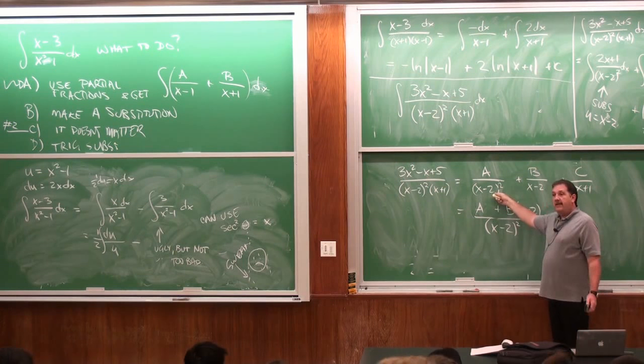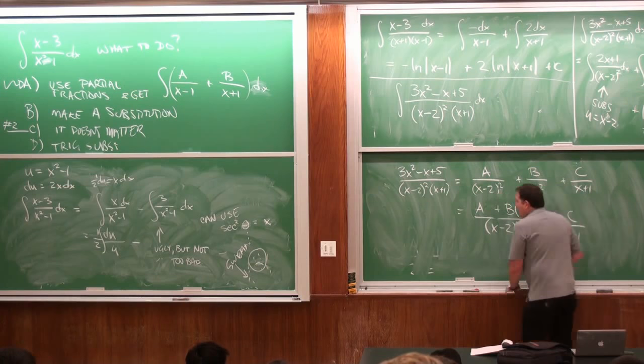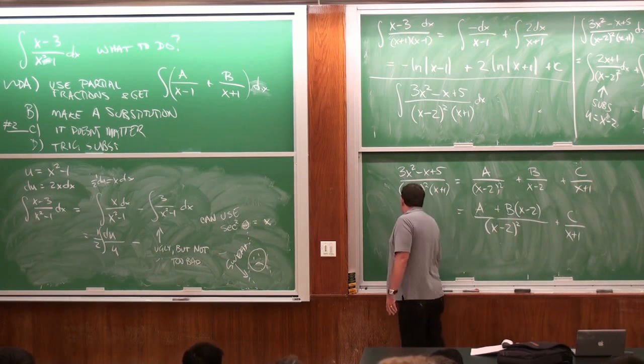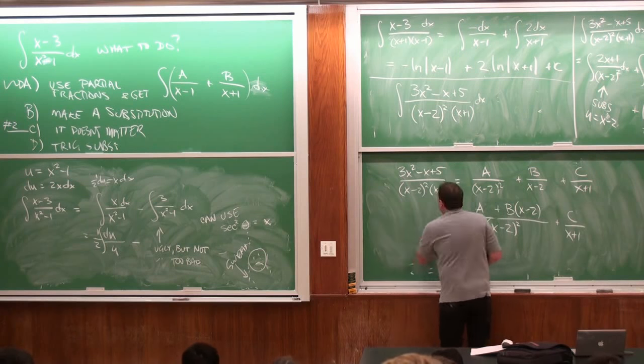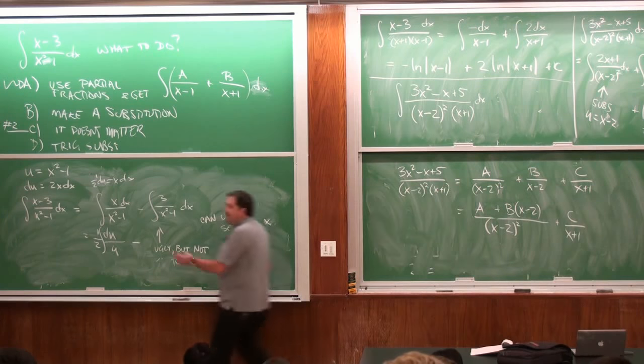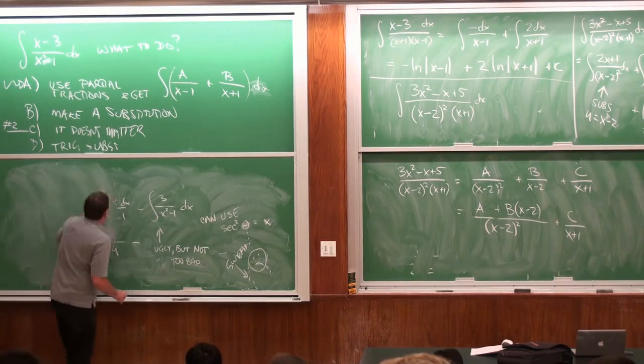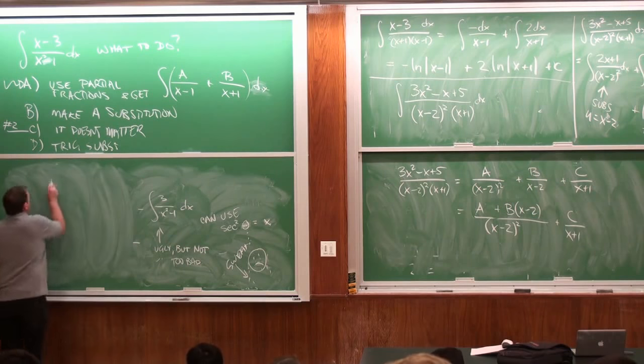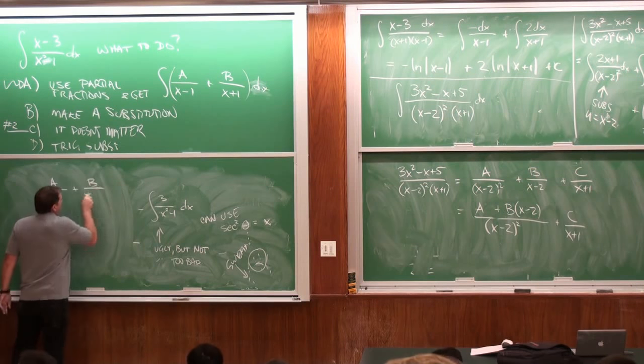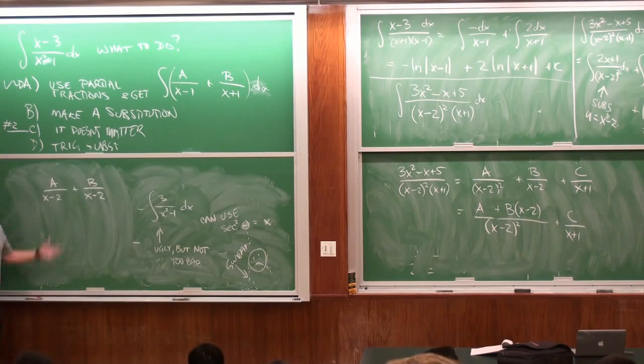Imagine that I did that. Let's do a simpler example. Suppose I wrote A over X minus 2 plus B over X minus 2. How can I get an X squared out of that?